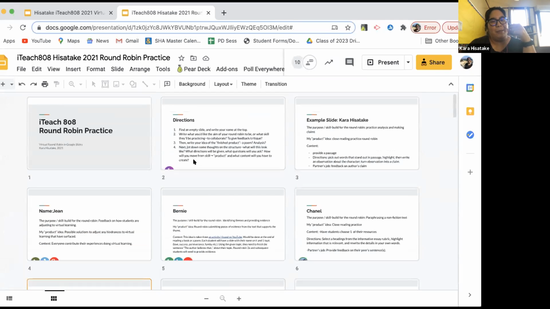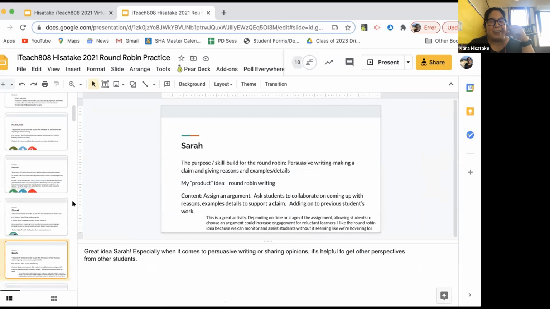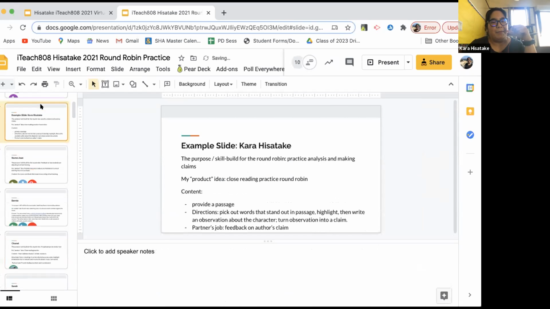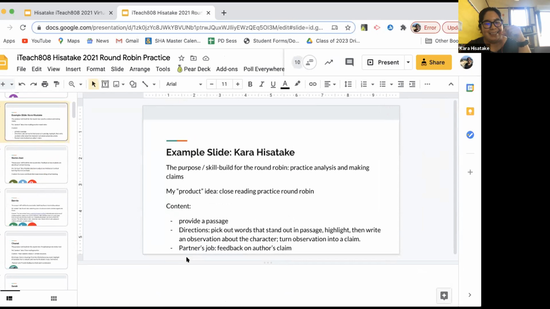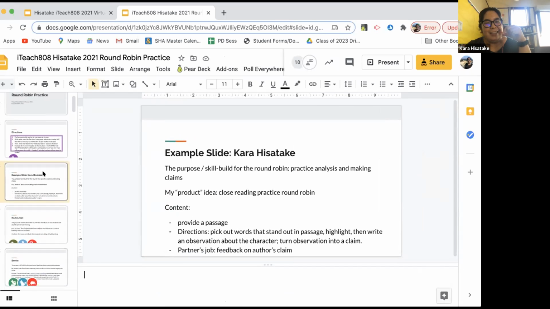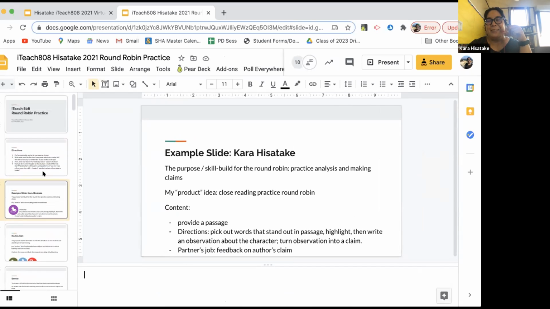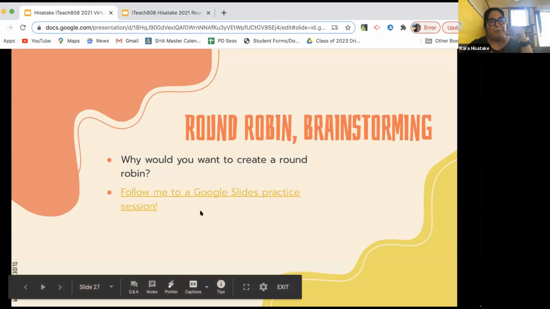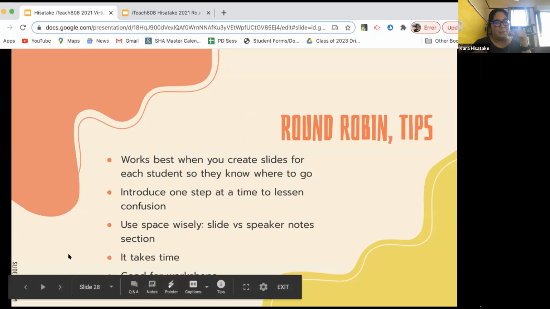This is another way to monitor as well, but I really like this view as instructor, so you can use and see the slide notes, which is the speaker notes area, this bottom area. So I like to use different parts of the Google Slides to do different things. Okay, so I'm gonna wrap up here with a few tips.